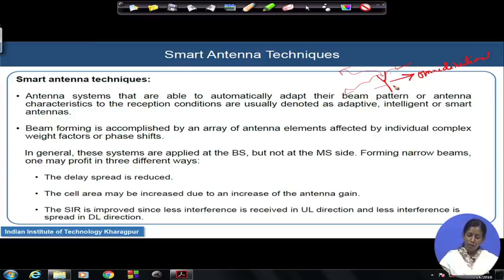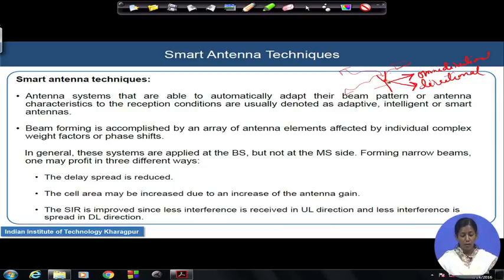Antennas can also be directional. When the antennas are directional, the electromagnetic waves are focused to a certain direction in space. Unlike the omnidirectional case, where the total energy released is spread over 360 degrees, in directional antennas the whole energy is heavily focused towards a certain direction.